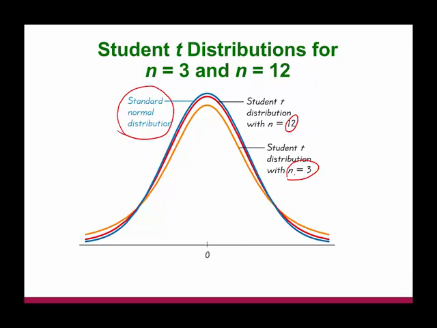So as the sample size increases, the student t-distribution gets closer to the normal distribution.